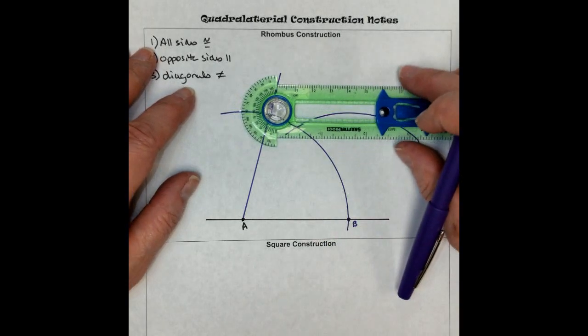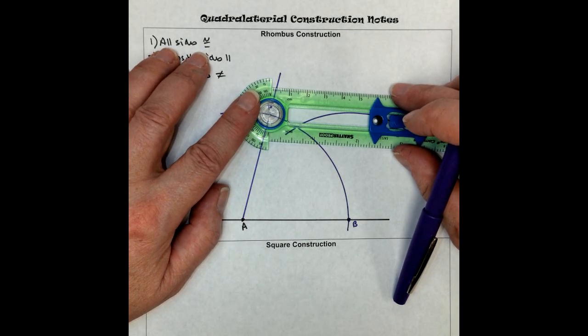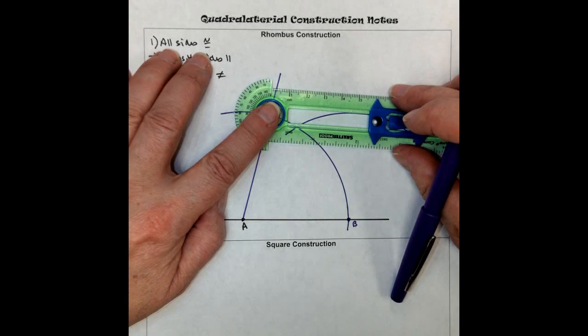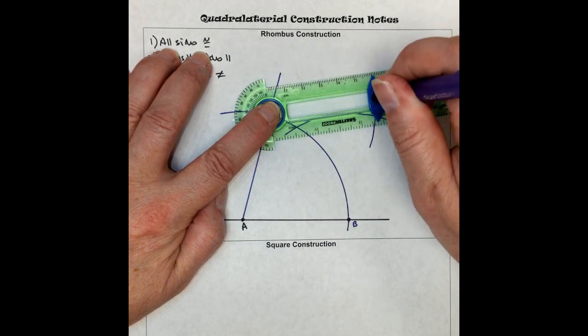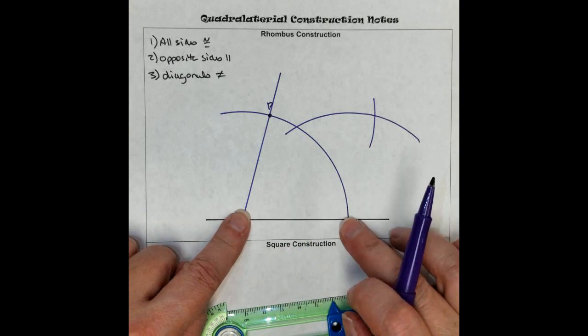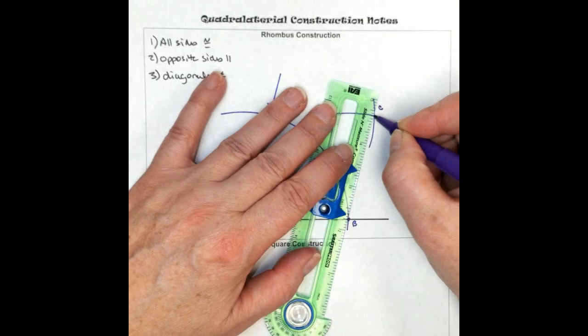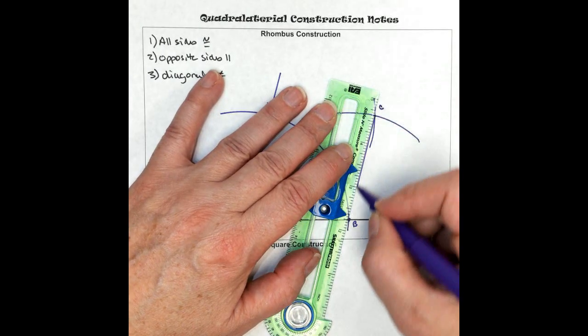Then I can go over here. And notice I haven't changed my compass settings because it's the same measurement, and I'm going to create another arc. So this distance is the same to this distance, to this distance, to this distance, and now this is point C. I can just connect all these dots here.